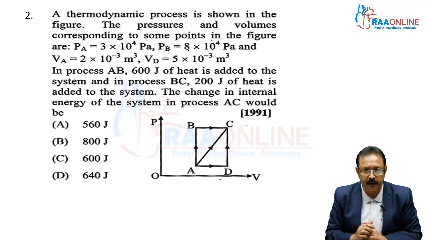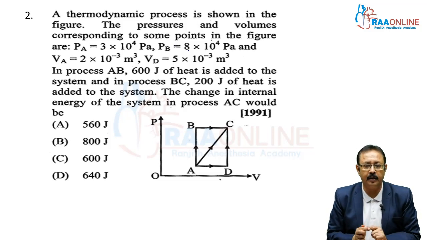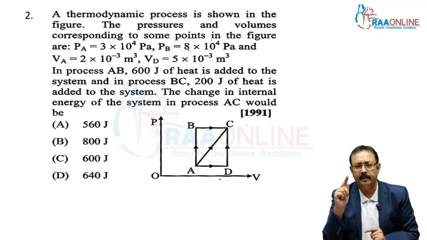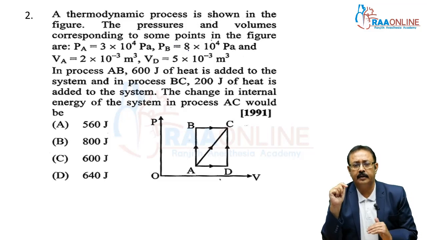We know that change in internal energy is a state function, not a path function. You go from A to C by any path, the change of internal energy should be the same.